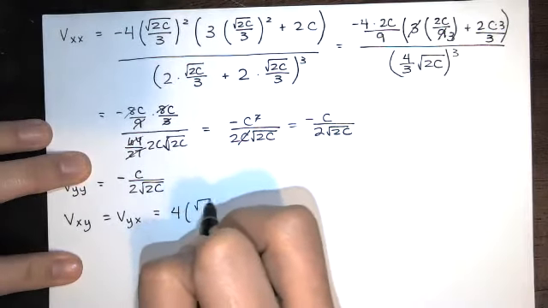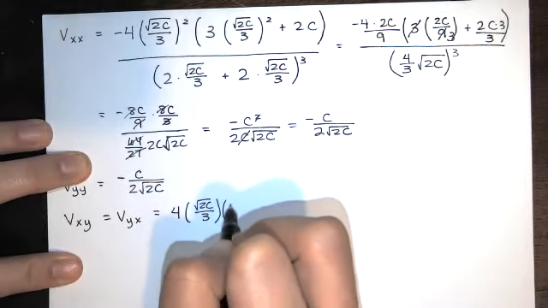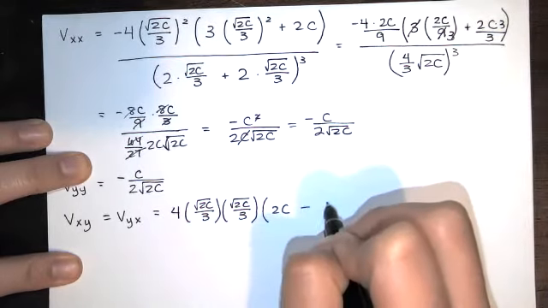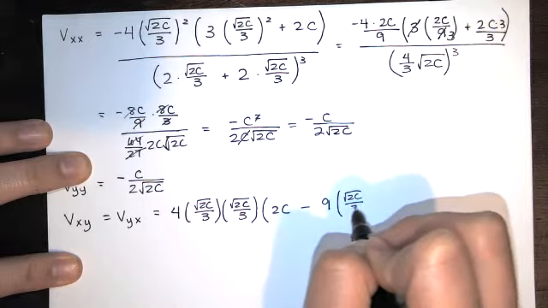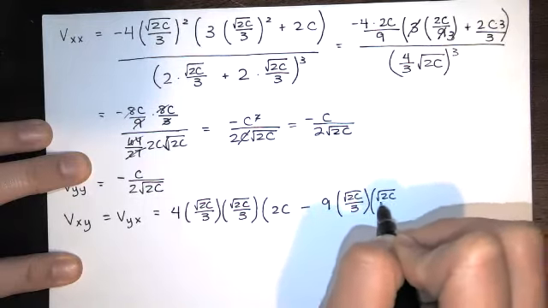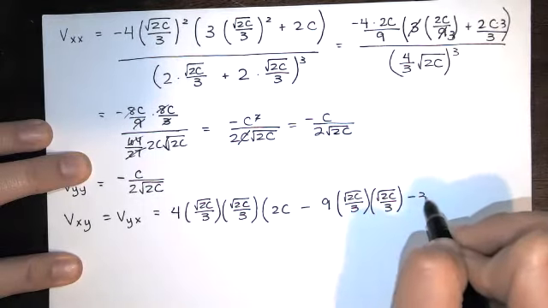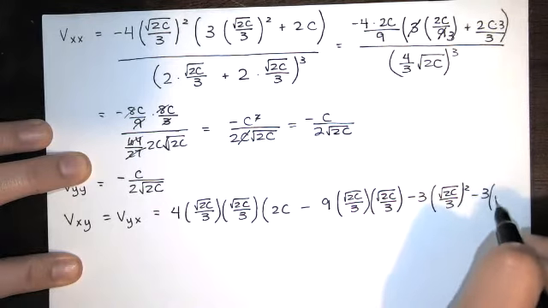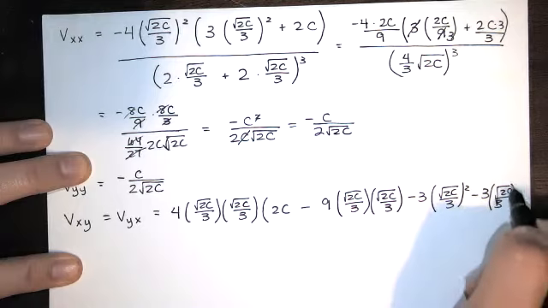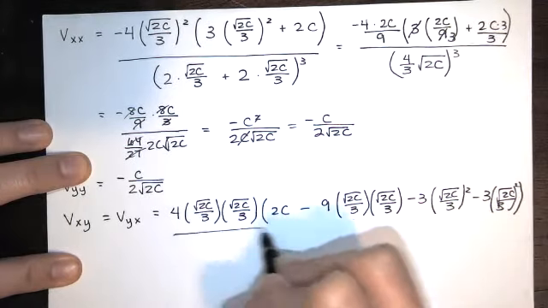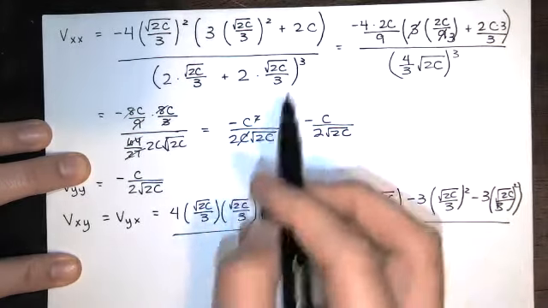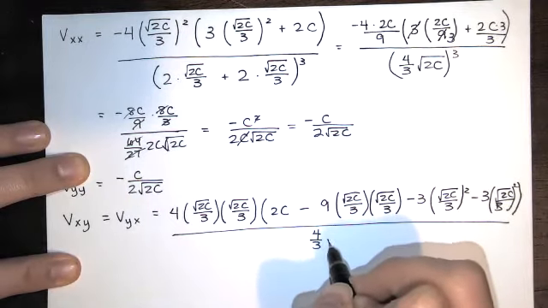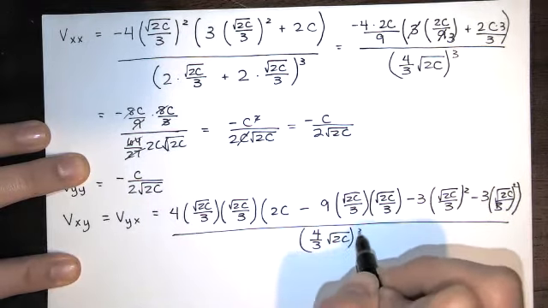This is 4 times x times y times 2c minus 9 times x times y minus 3 times x squared minus 3 times y squared. All of that is divided by this denominator again, which I already know to be 4 over 3 times the square root of 2c, quantity cubed.